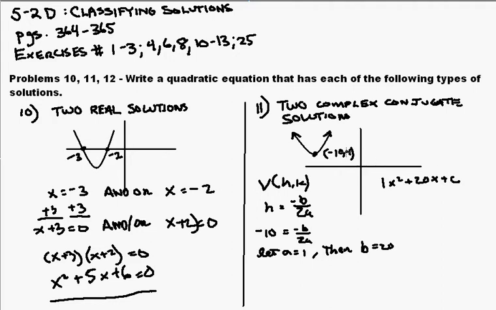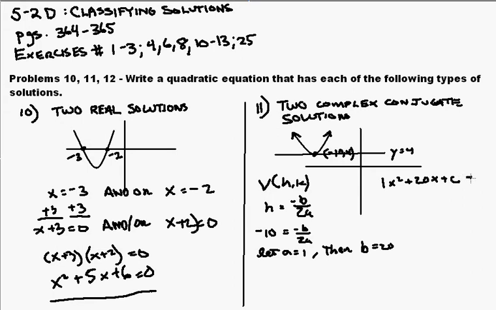Now remember, the 4, so think about this, that this line right here crosses the y-axis at 4. This line represents y equals 4.